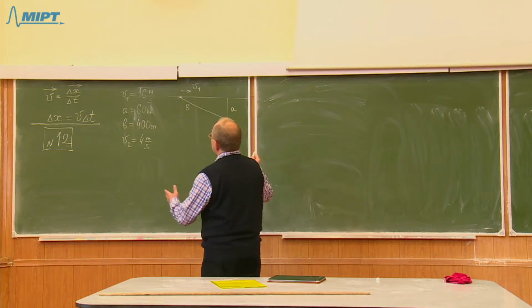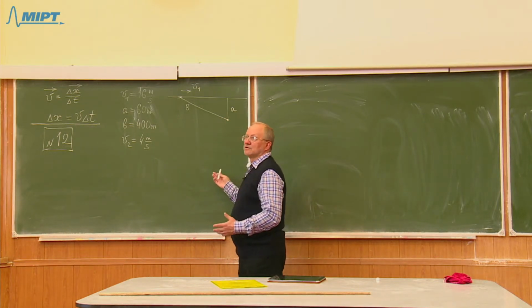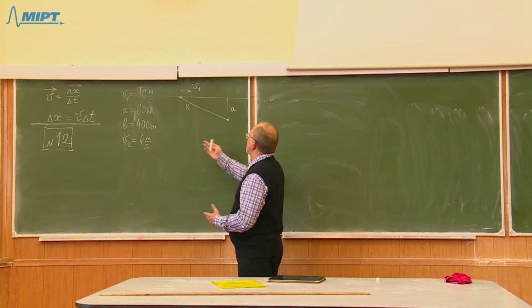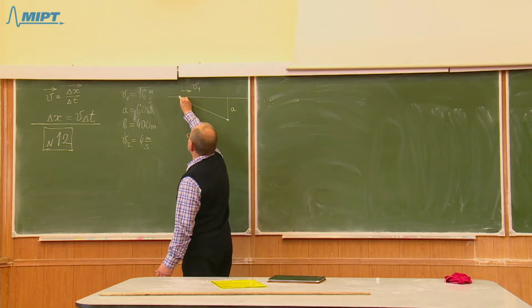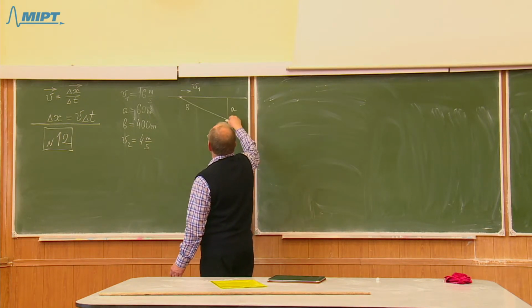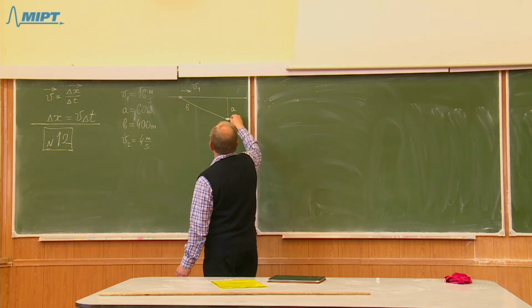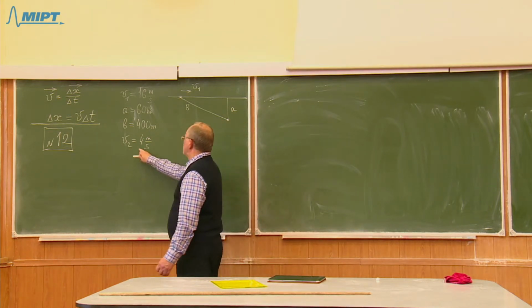That's the simple sketch which illustrates all the processes which take place in this problem. The bus running along the highway, and the man and his position in the field away from this road, and the man wants to run somewhere at a speed of 4 meters per second.